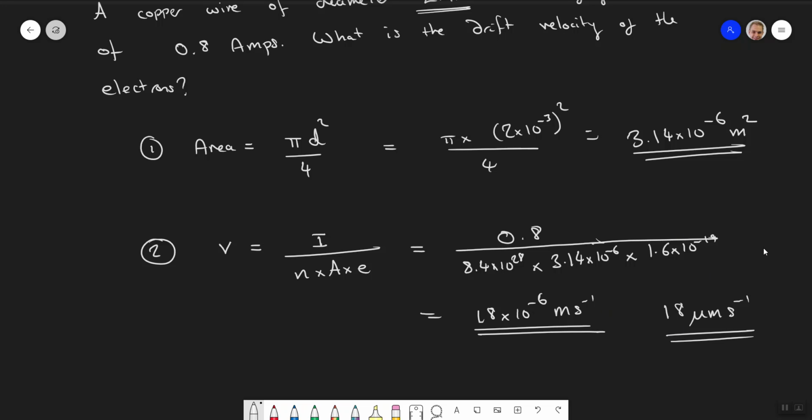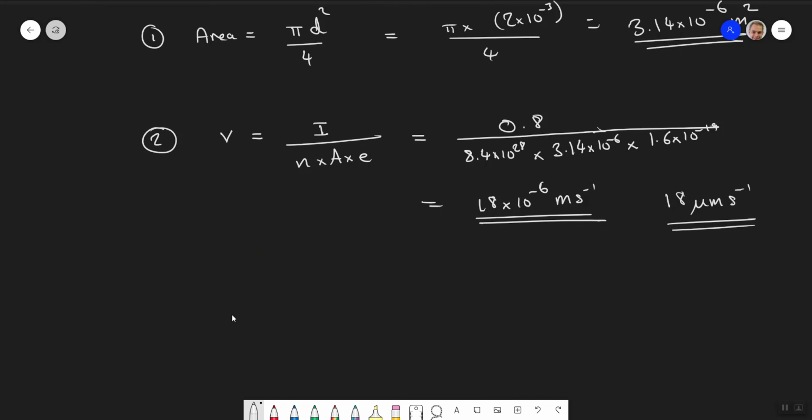If you had a wire 1 meter long, how long does it take to move at this speed? If you're going at 18 micrometers per second to move 1 meter, it would take you 52,752 seconds.